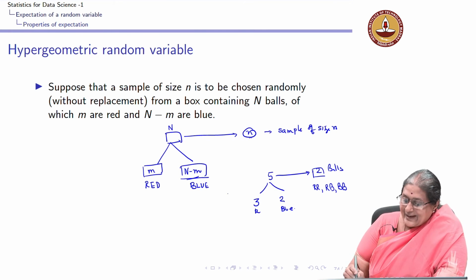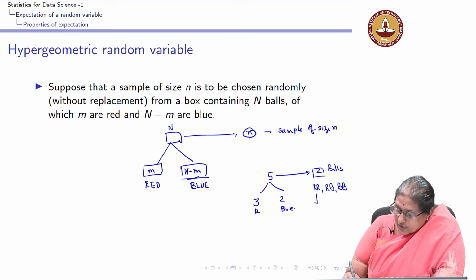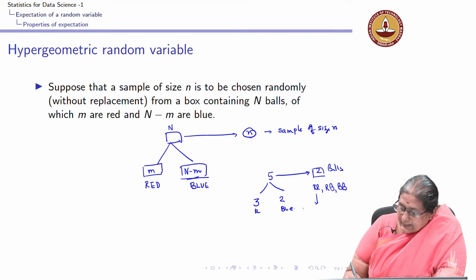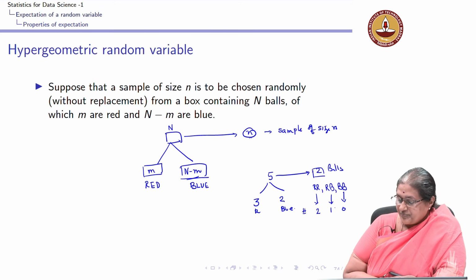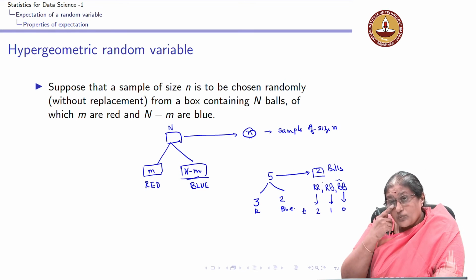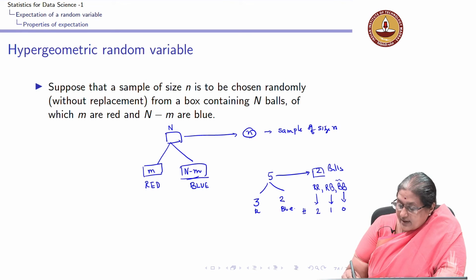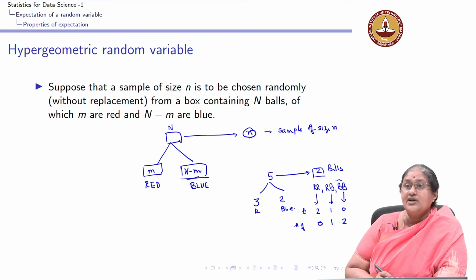If I look at the number of red balls in my sample, here the number of red balls is 2, here it is 1, and here it is 0. If I choose both blue balls, I do not have any red ball. Similarly, if I count the number of blue balls, here it is 0, here it is 1, here it is 2.